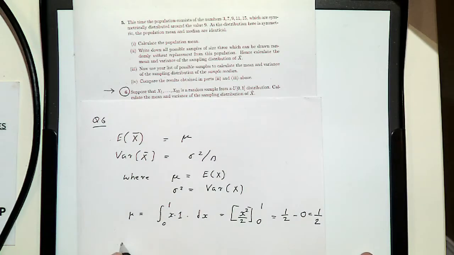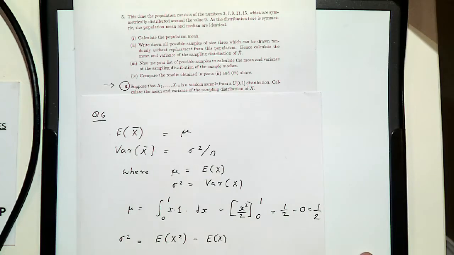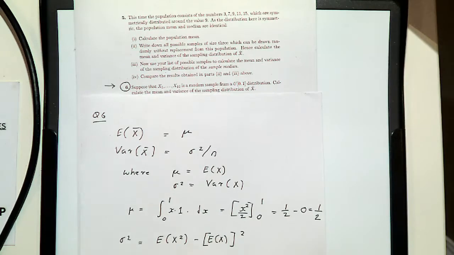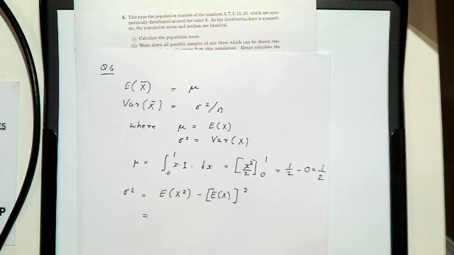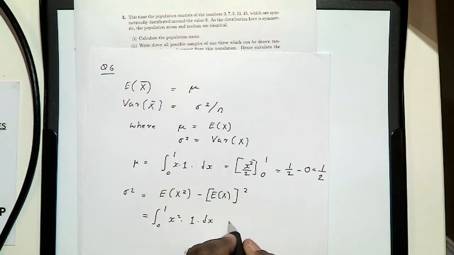And sigma squared is the expectation of the square of x minus the square of the expectation, right? So the first term is the integral from 0 to 1 of x squared times 1 times dx. The second term is half squared, right?